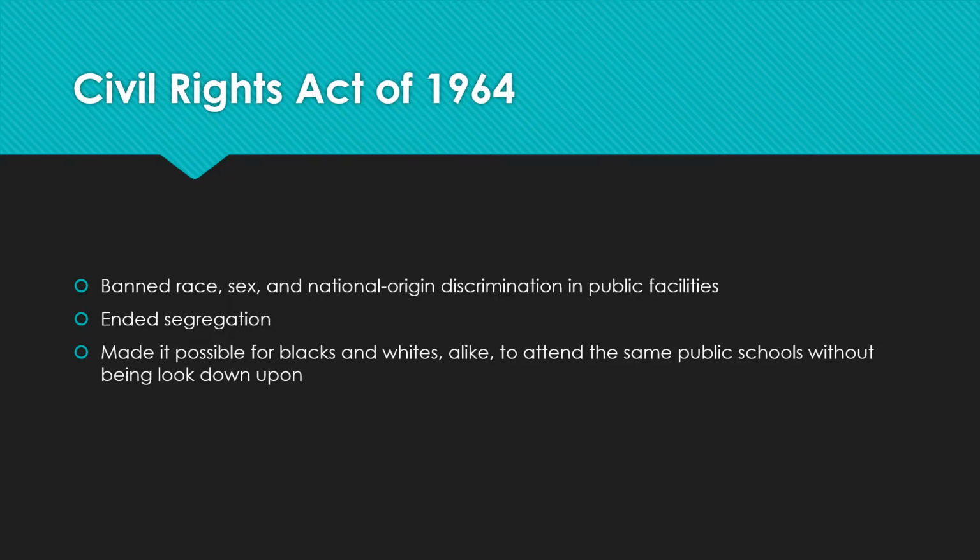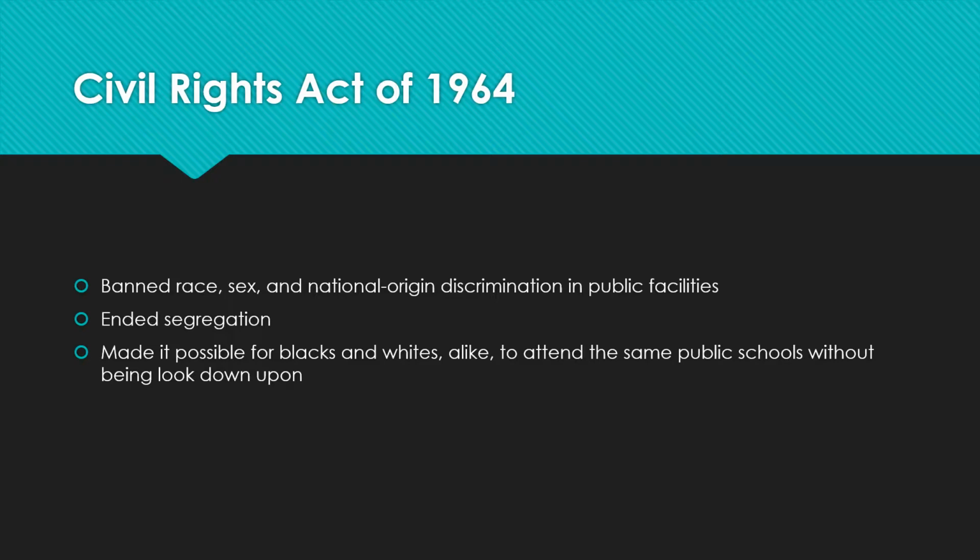And then we're moving right along into 1964 with the Civil Rights Act. This act banned race, sex, and national origin discrimination in public facilities, basically ended segregation. And it made it possible for blacks and whites alike to attend the same public schools without being looked down upon.